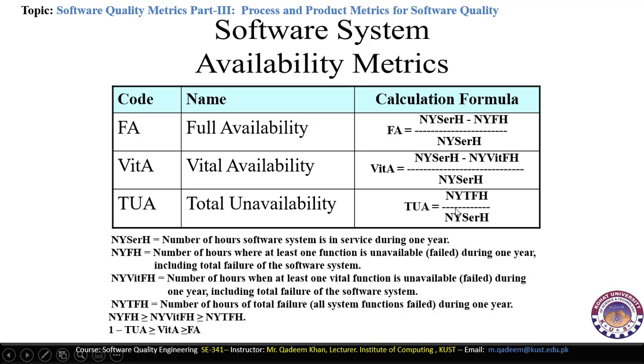Number of hours of total failures means when the software has completely failed, and for how many hours it has failed in one particular year, divided by the number of hours the software system is in service during the 1 year. So that means it counts the number of hours of total failures during the 1 year divided by the number of hours the software system is in service during the 1 year.